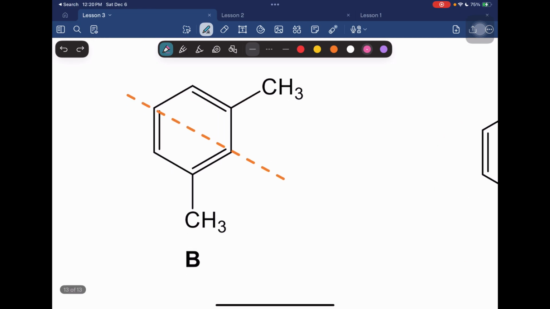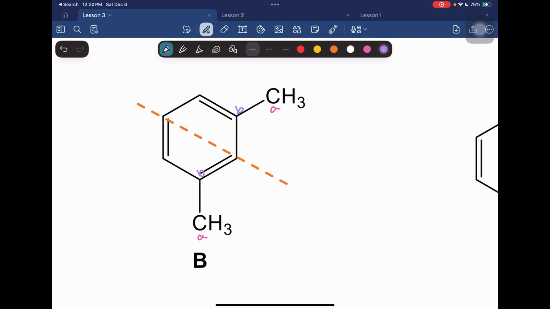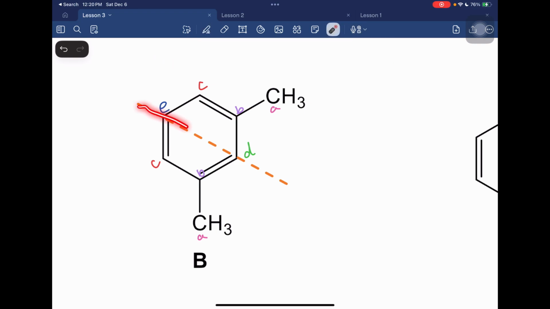So we say that it's going to be A, B, B, right? A, B, B, C, C, and because there's a mirror plane right here, this is going to be D and E. Because remember, anything that's on the mirror plane is going to release its own signal.